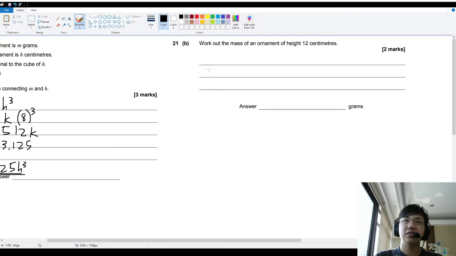So we know that m equals 3.125 h cubed. So m equals 3.125 times 12 cubed, since the height is 12. Therefore, if you put all this into your calculator, you can figure out that m equals 5,400 grams right here.